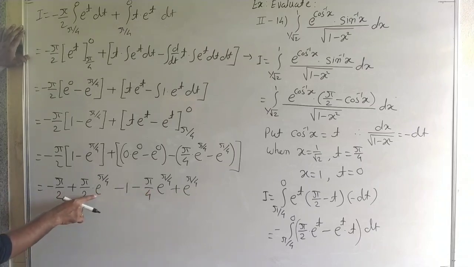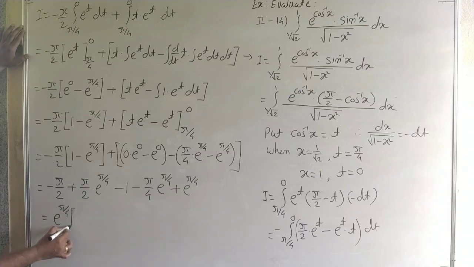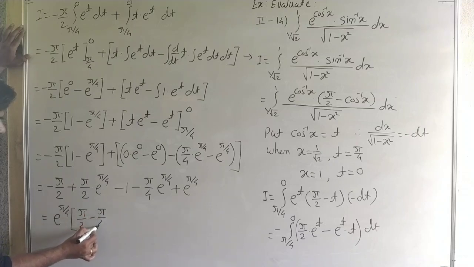Therefore e to the power pi by 4, then we get pi by 2, then minus pi by 4, and then plus 1.